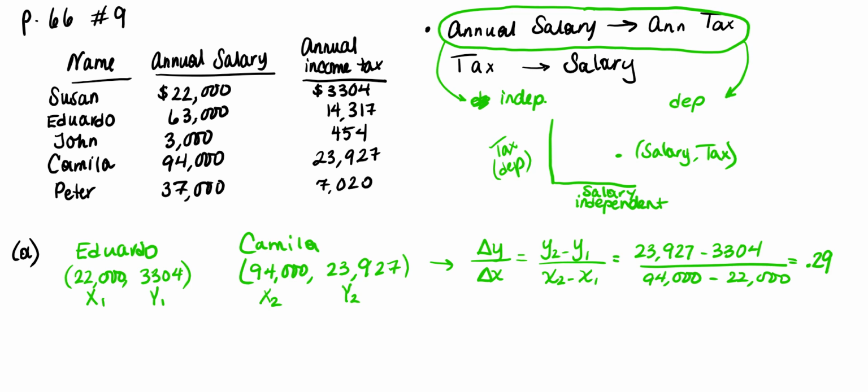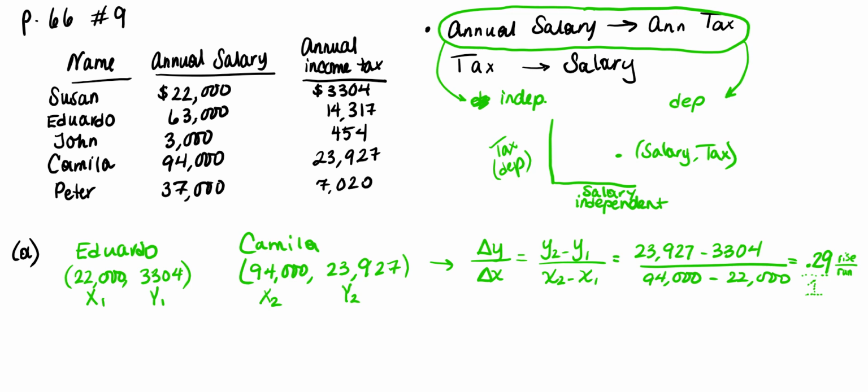Now we can ask what this slope means. Consider that the slope is rise over run, first of all. So let me add that over here, rise over run. Let's also consider that this 0.29 is actually sort of over a 1. So this is our y over our x, this is tax over salary.